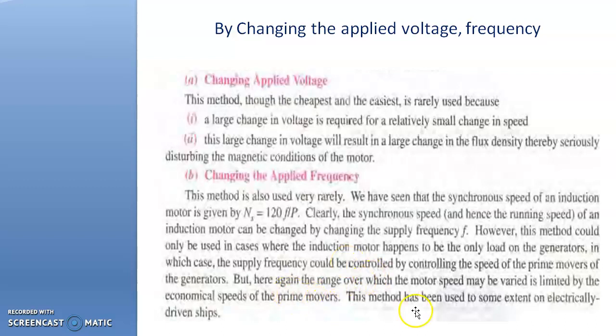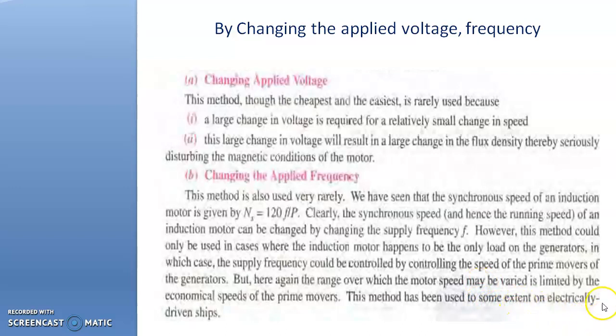So where you can apply this particular method is in shipping applications, where the ships are not operated by a common grid. So the ships are having their own generator. So they can operate the generator at any speed by changing the prime mover supply, so that the prime mover can be operated at any speed, and hence the alternator can also be operated at any speed, so that the frequency can be changed, so that the motor speed can also be changed.